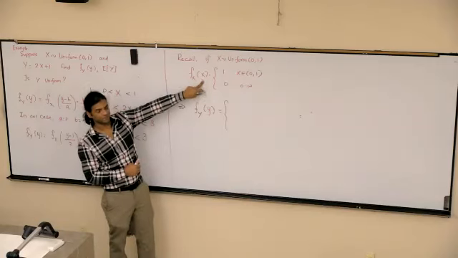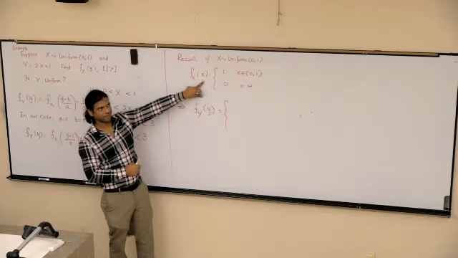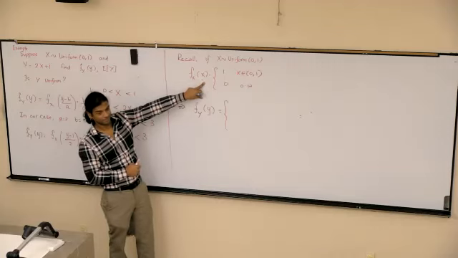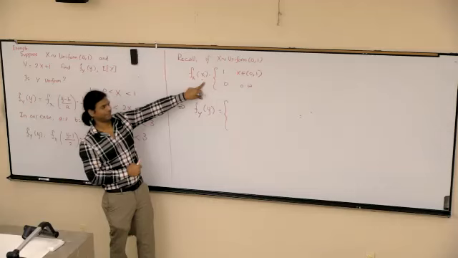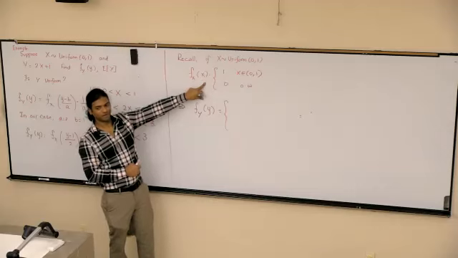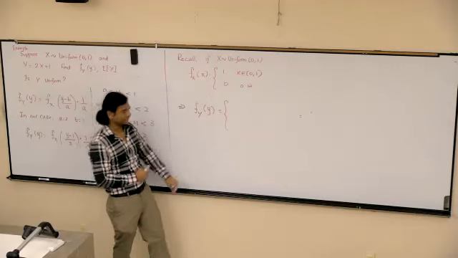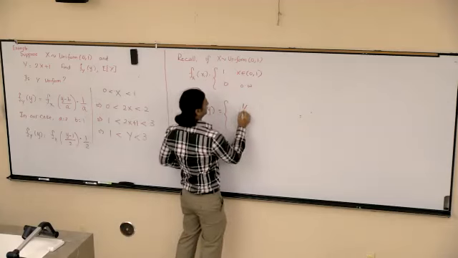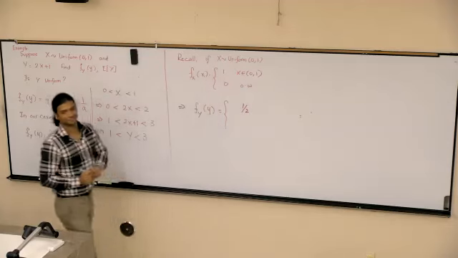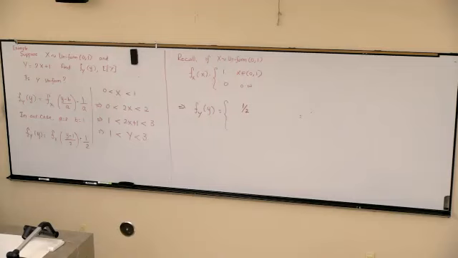What is f_X(0.3)? f_X(0.7)? f_X(0.15)? f_X of (y minus 1) over 2? Still 1. Right? Because in places where I did not define it, it's just 0.